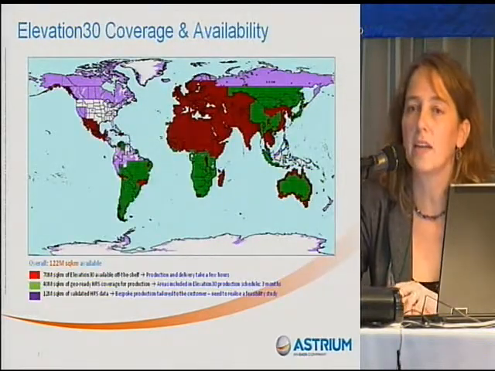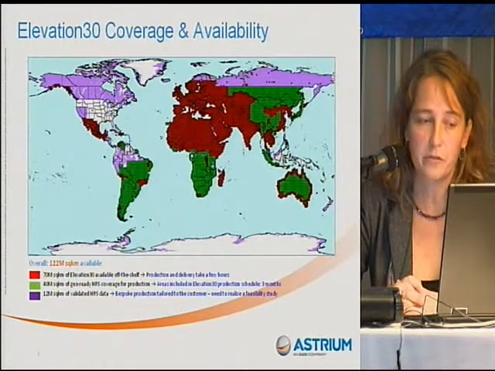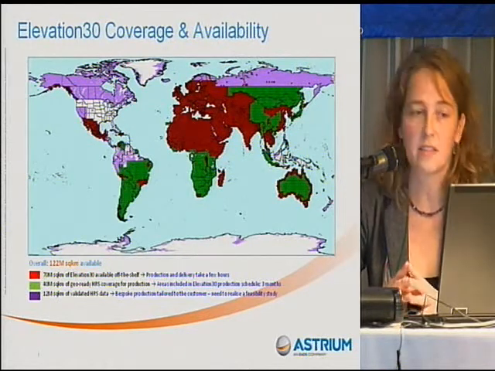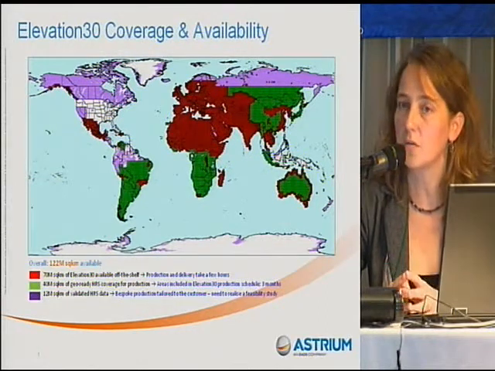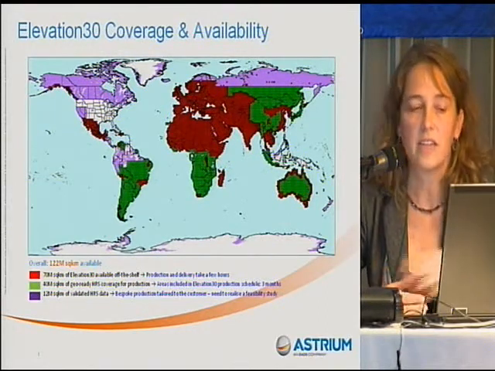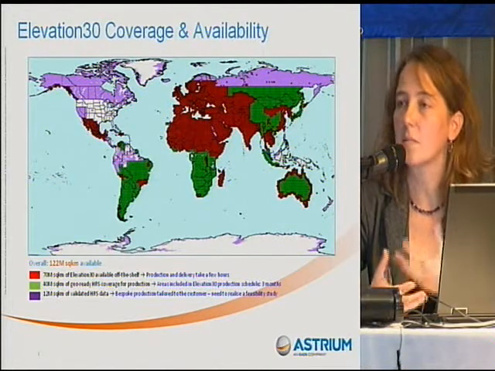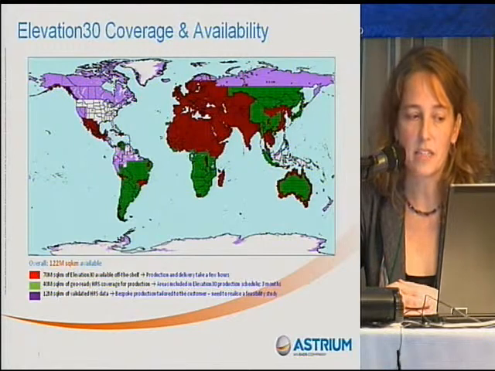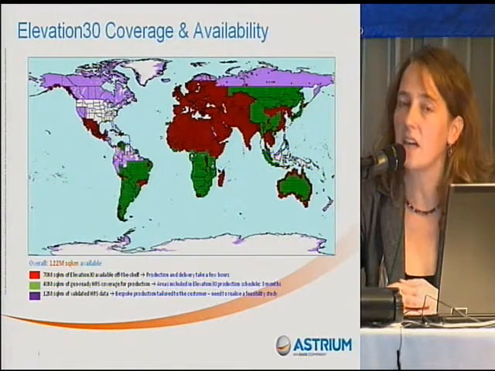Here an overview where you can get data right off the shelf. This is a big advantage. So all the red areas are available off the shelf. So that means if there is a need, just call, and after 2 days we can deliver the data. And the green areas, we already have prepared data in the archive.